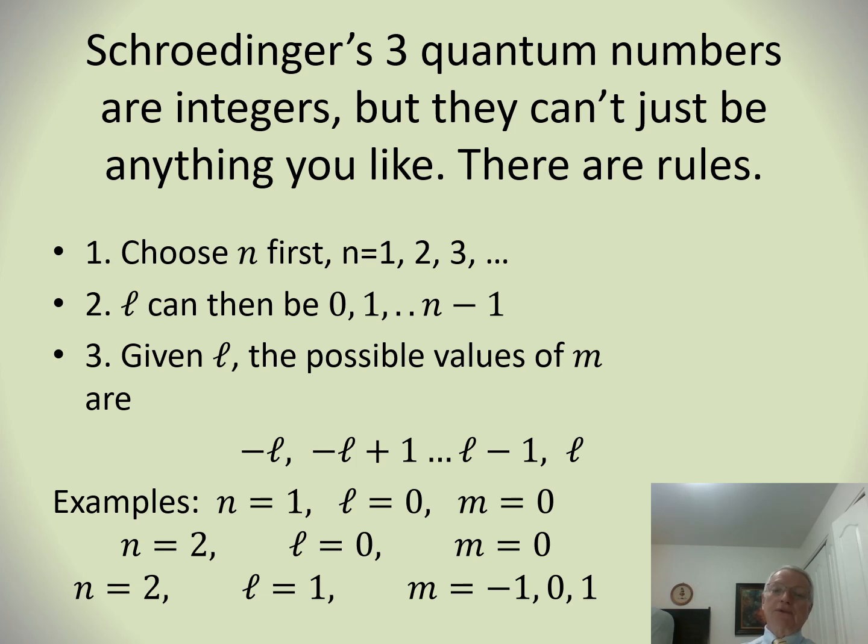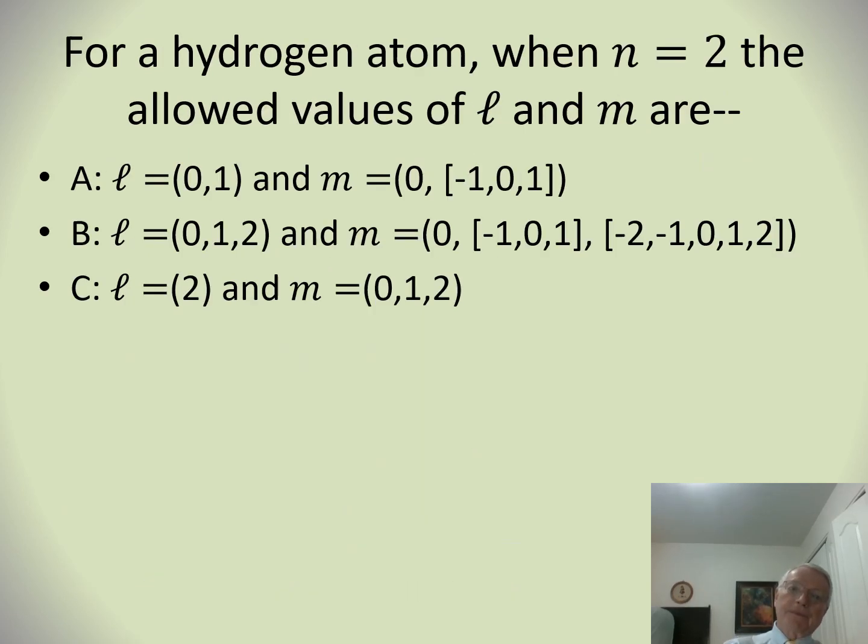So in the n equal 2 level in the hydrogen atom, you have 1 state at L equals 0, and you also have 3 states at L equal 1. So there are 4 states altogether in the n equal 2 level.